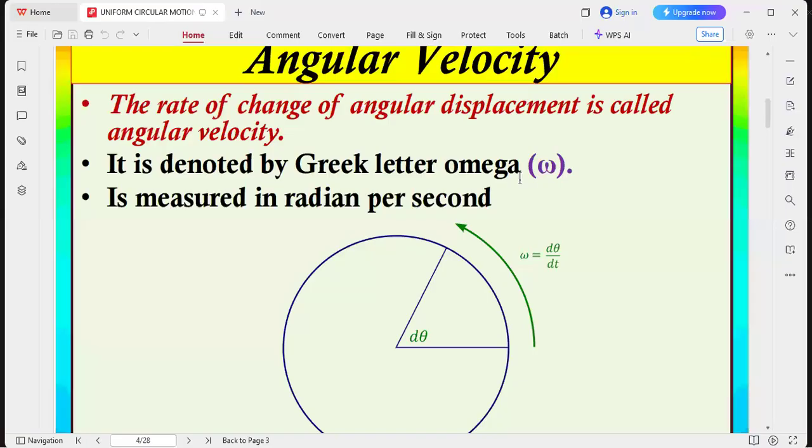The SI unit is radian per second, written as rad s raised to power -1, or rad stroke s.